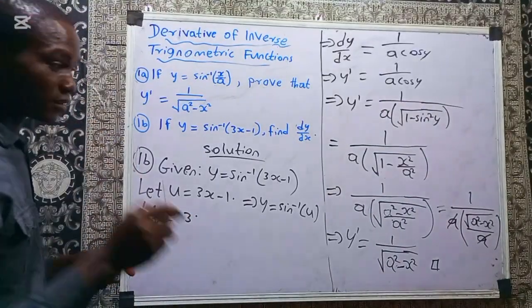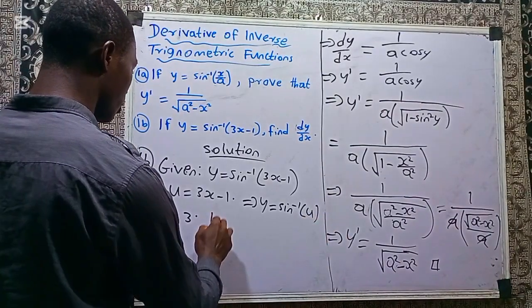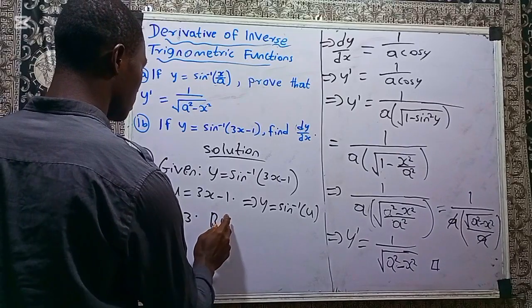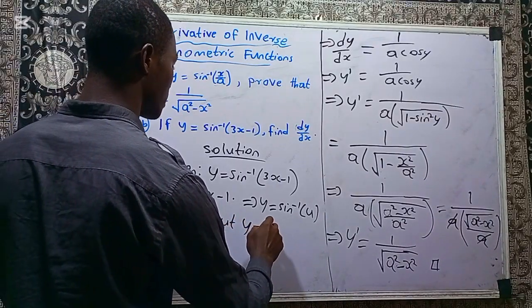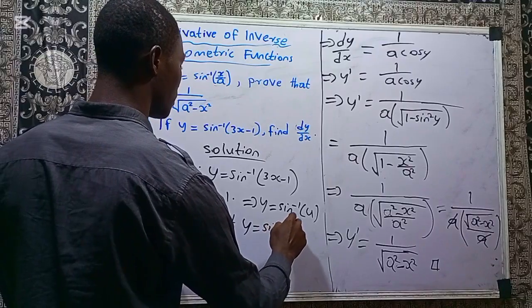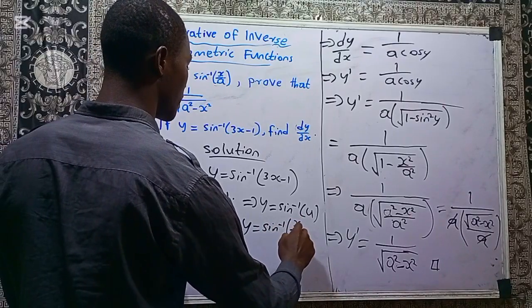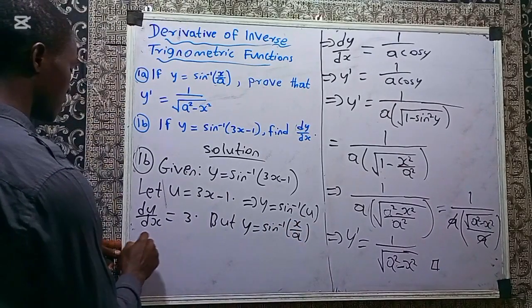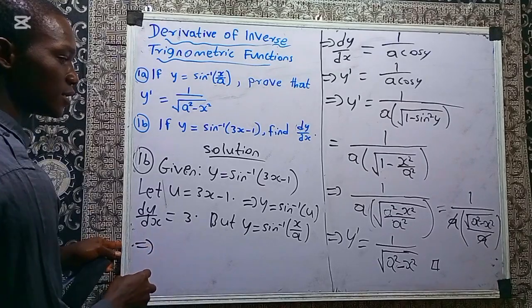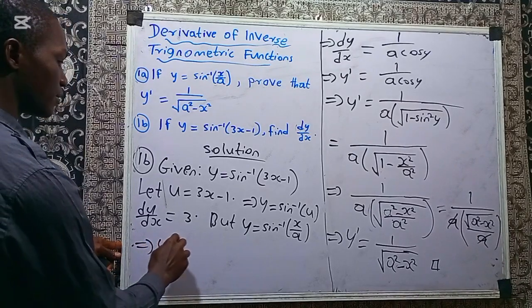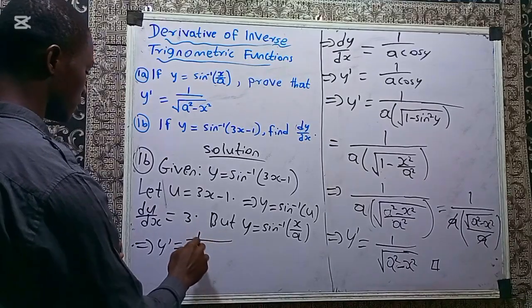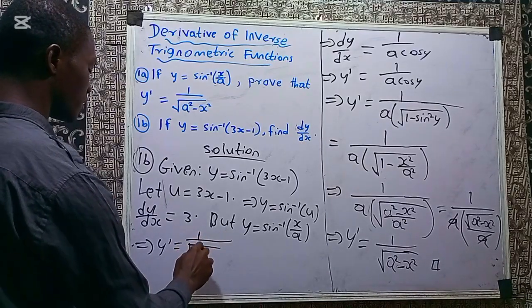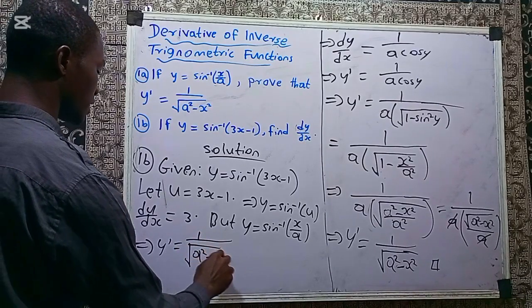But we know something from the other one, right? What do we have? Y equals sine inverse of x over a implies that y prime is equal to 1 over square root of a squared minus x squared.